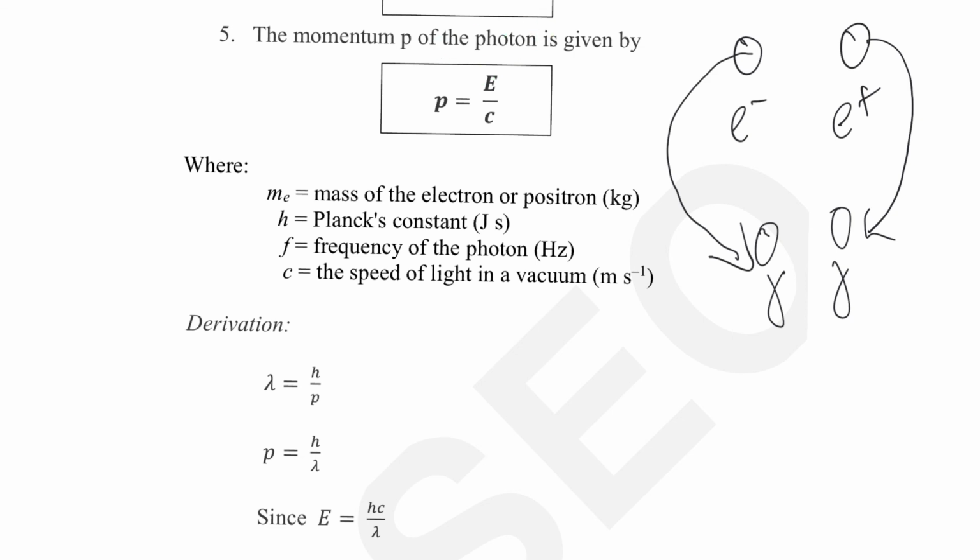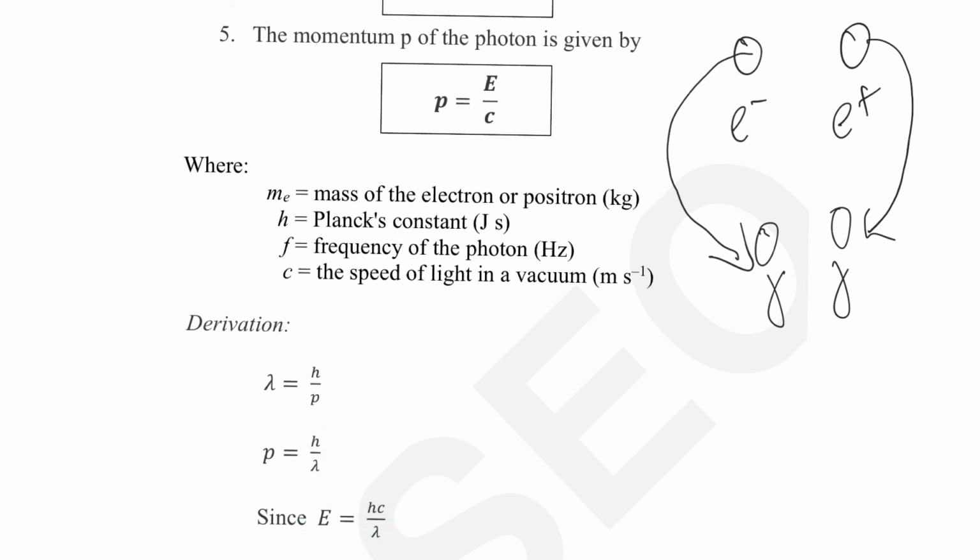How we derive it is actually quite simple. We start from de Broglie's equation, lambda equals h over p. That means you can get the momentum of the photon if you know its wavelength. But you also remember that the energy of a photon is E equals hc over lambda.